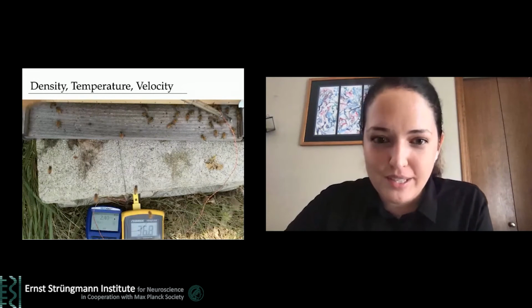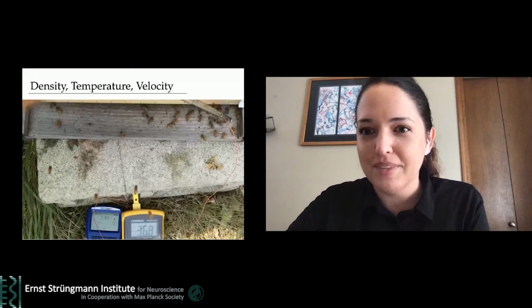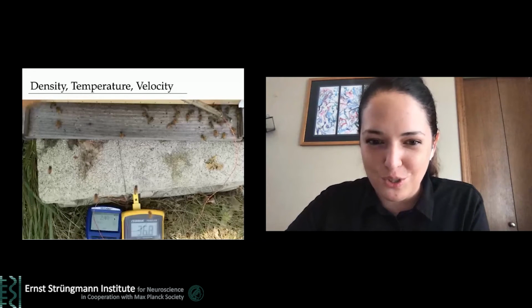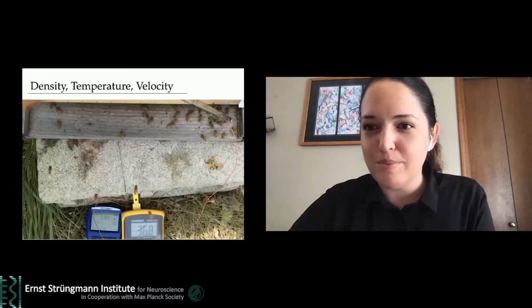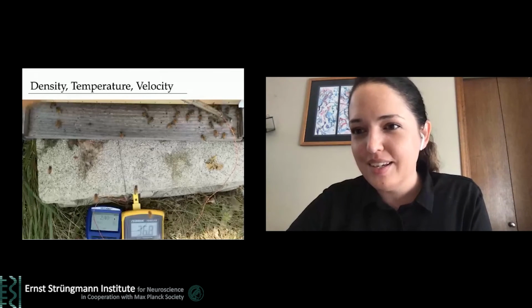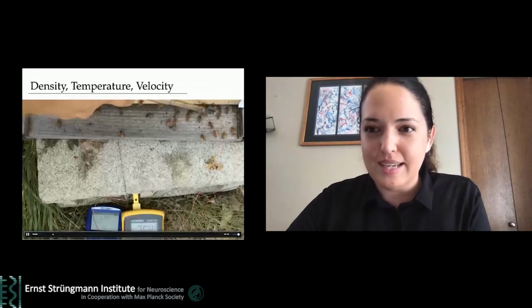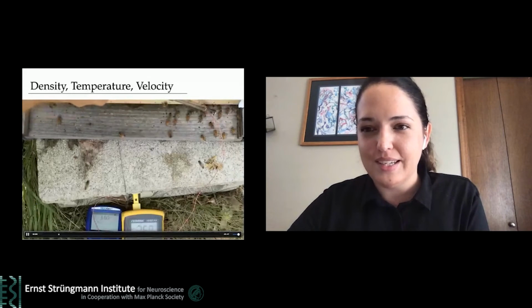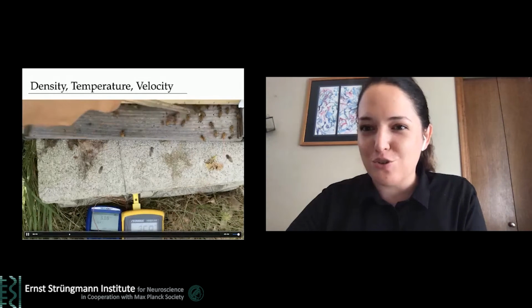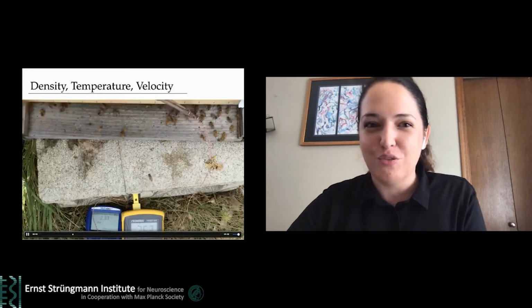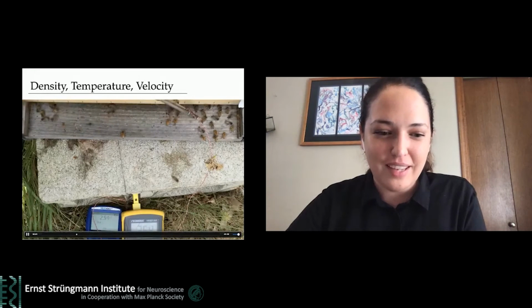The experiments that Jake started with were, as I'm going to show you in this movie, we're now looking at the entrance from the top. There's a bunch of bees here on the right side that are fanning. Jake is taking a temperature measurement device as well as an airflow measurement device and measuring these numbers throughout the entrance.